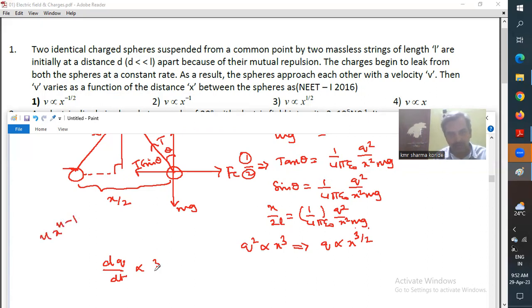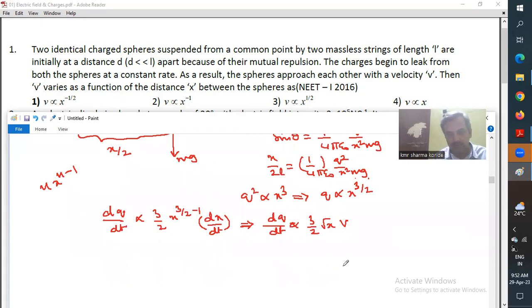Now n is 3 by 2, so this is going to be x to the power of 3 by 2 minus 1, otherwise you can write root x dx by dt. So dx by dt is velocity. Therefore dq by dt is proportional to 3 by 2 with root x and velocity.